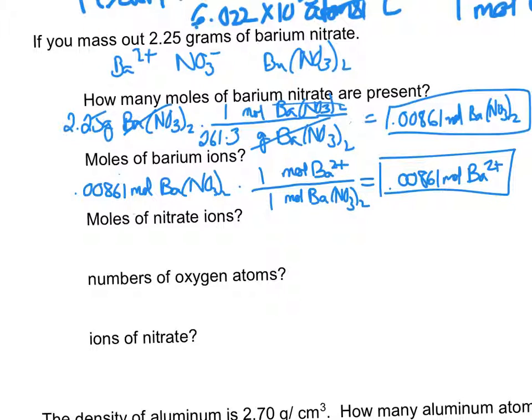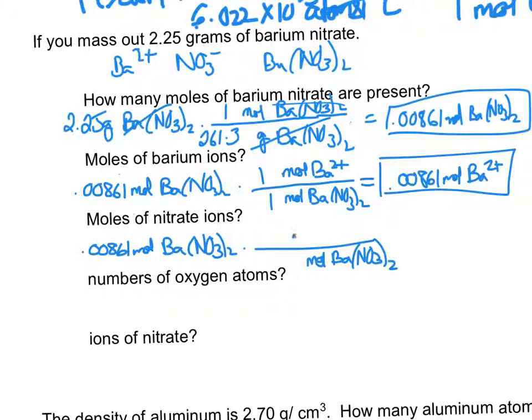Next question asks for moles of nitrate ions. So again, you can start from your original 2.25 grams, or you can start from your moles of barium nitrate. I will choose to start with the moles of barium nitrate. There's all kinds of different ways to do this. Again, on the bottom, I'll put moles of barium nitrate.